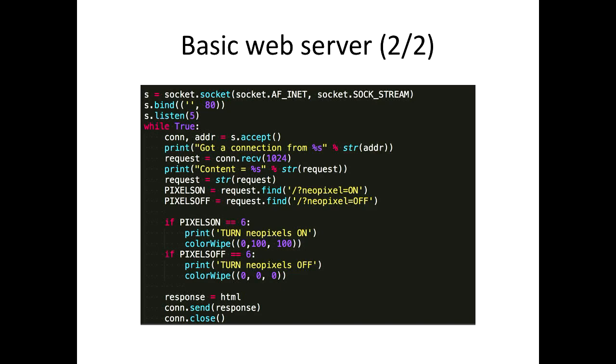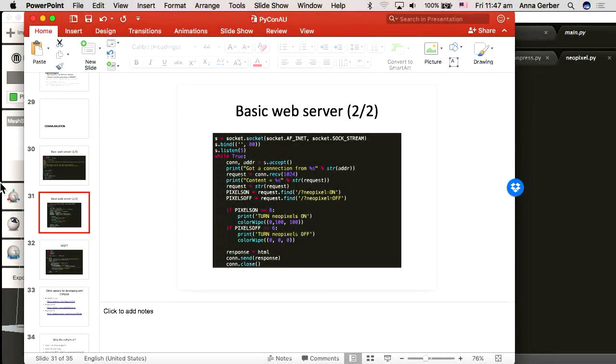So it's looking for Neopixel on or Neopixel off. And we'll simply respond by turning the Neopixels on or off, just to a single color in this case, based on whether or not that's in the string. So let me just show you that working. Live demo, hopefully this will work.